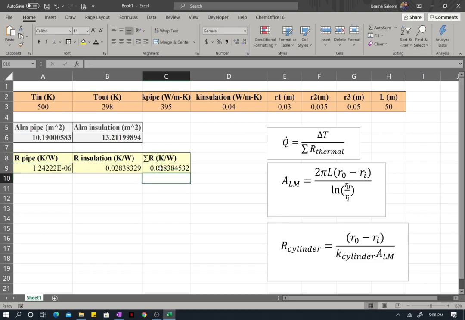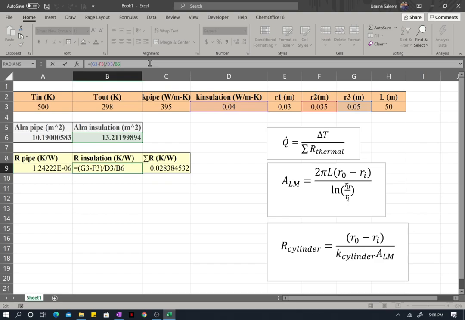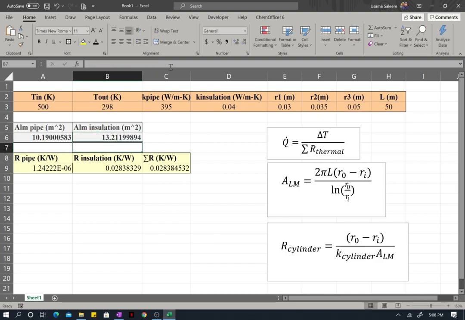That's our total thermal resistance in our analysis. Let me just check these values before I plug in. The thickness is correct, divided by the right conductivity. Let me make sure I'm following everything. 2 pi L, good. All right, looks like we're rolling.